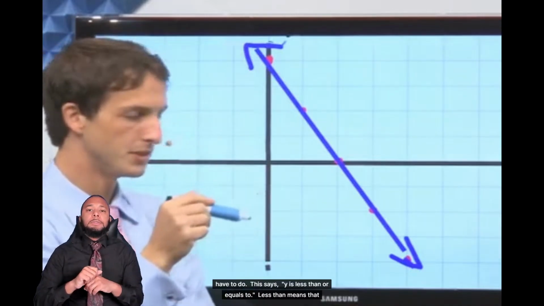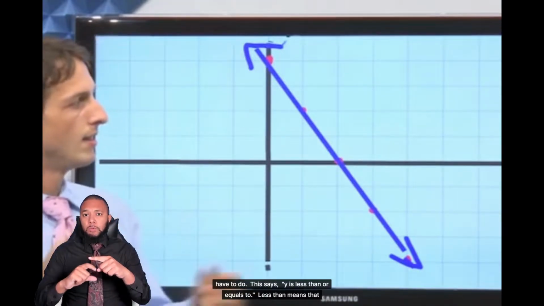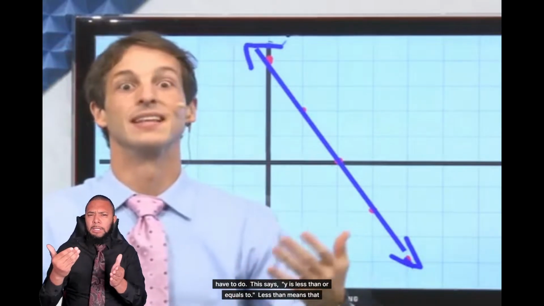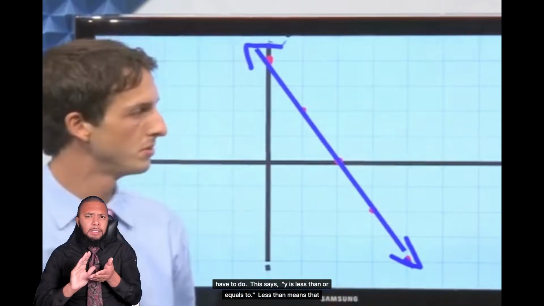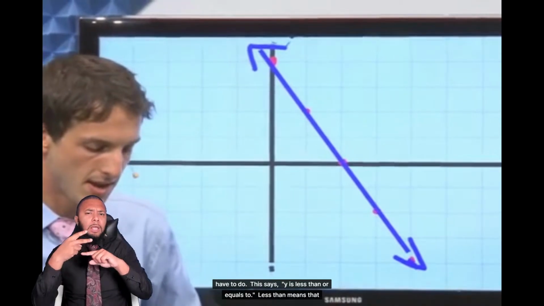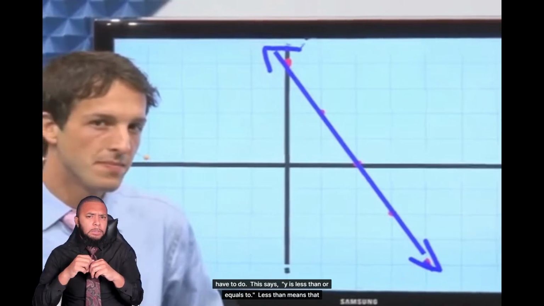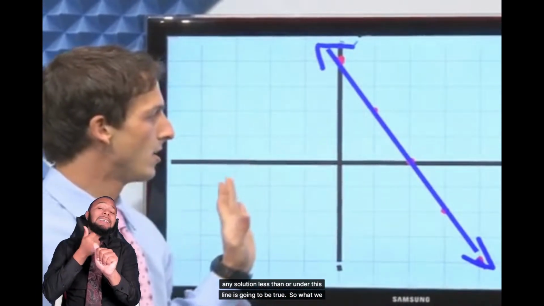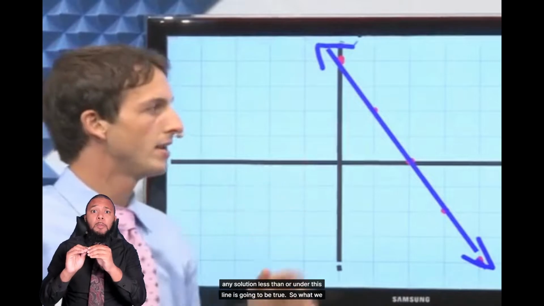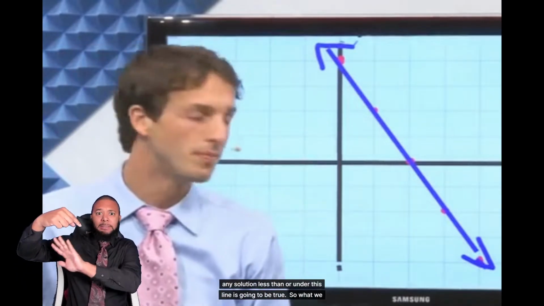There's one last thing we have to do. This says y is less than or equals to. Less than means that any solution less than or under this line is going to be true.